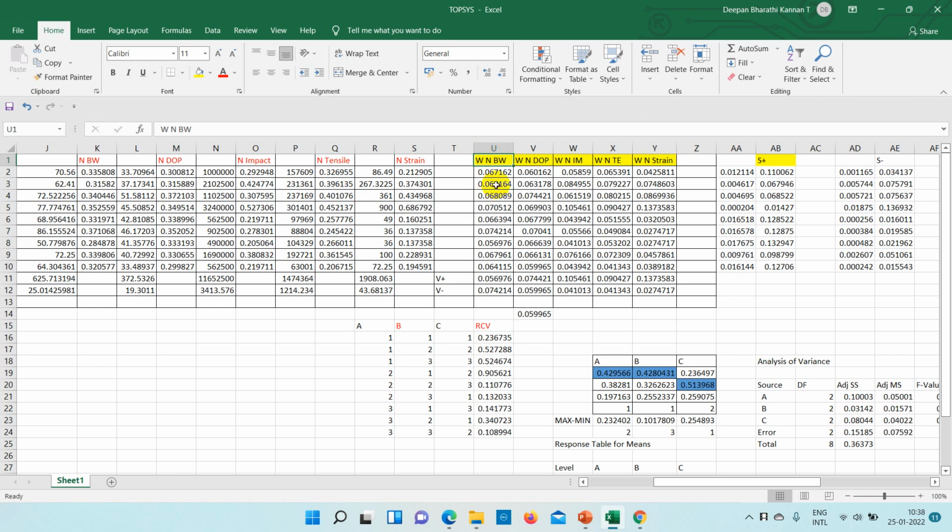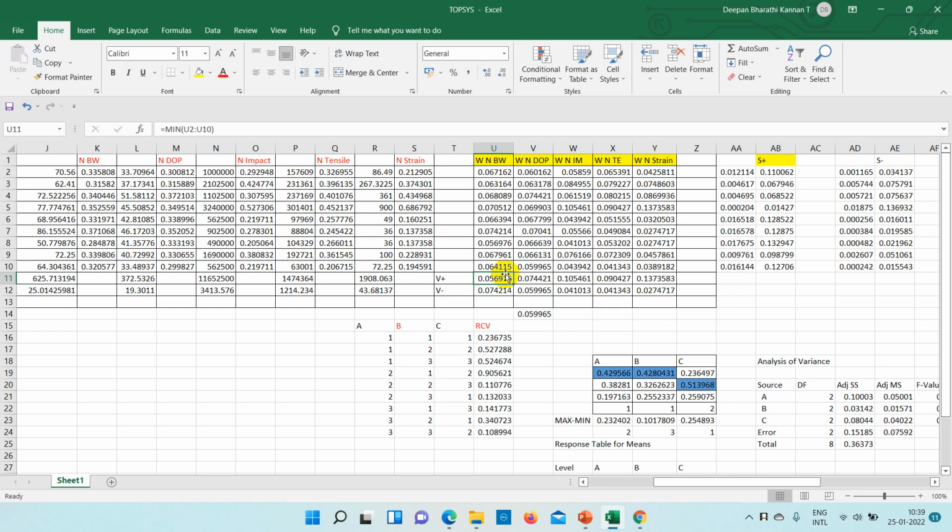If you see these 9 values, among the 9 values the one having the least value will be taken as V plus. You can see here among the 9 values the least value is 0.0569, so that is taken as V plus, the positive ideal solution. Whereas with respect to bead width, if it is more, it is disadvantageous.